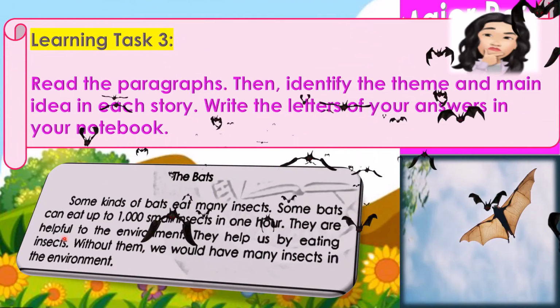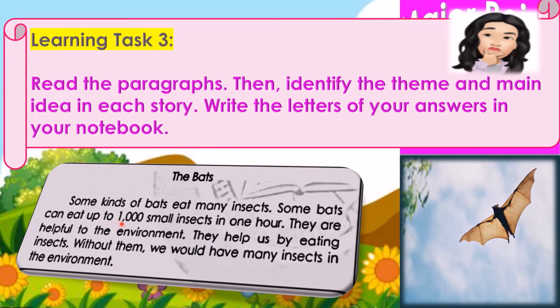Some bats can eat up to 1,000 small insects in 1 hour. They are helpful to the environment. They help us by eating insects. Without the bats, we would have many insects in the environment.